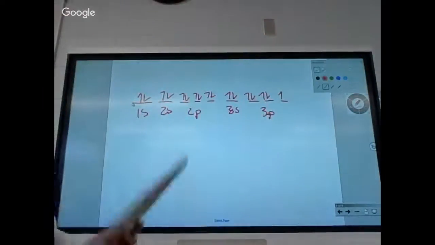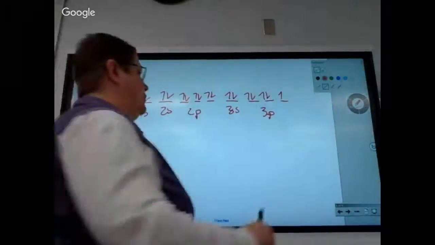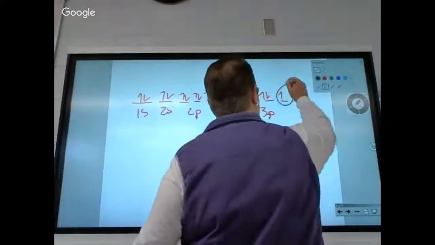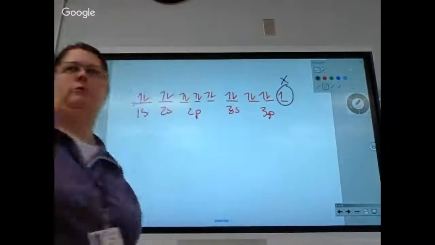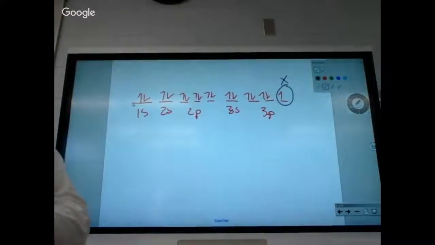Because the question said filled, do you count them all? No, which one do you not count? That's right. This one you don't count because it's not filled, so it only has 8. You don't count that 9th one.